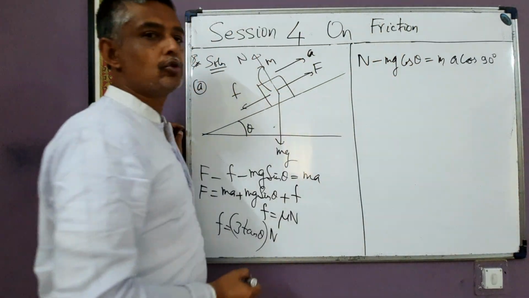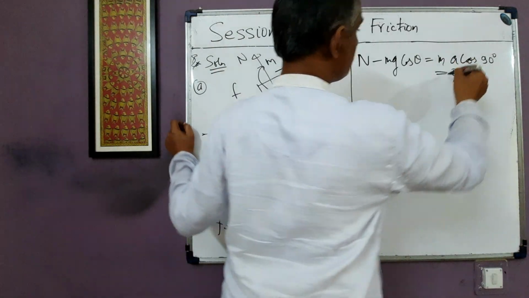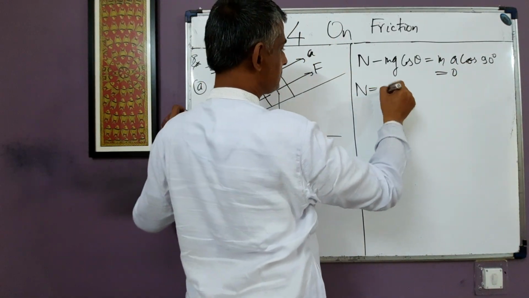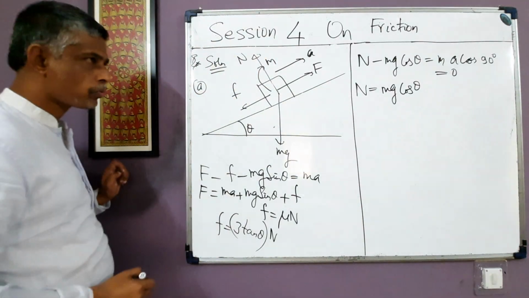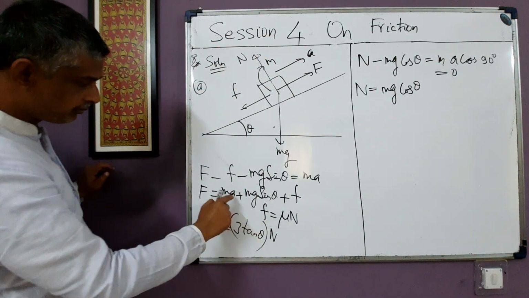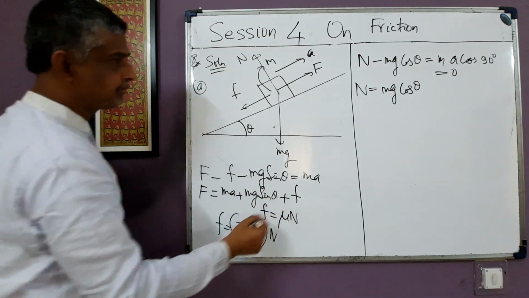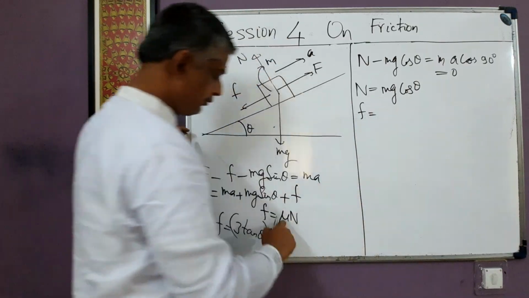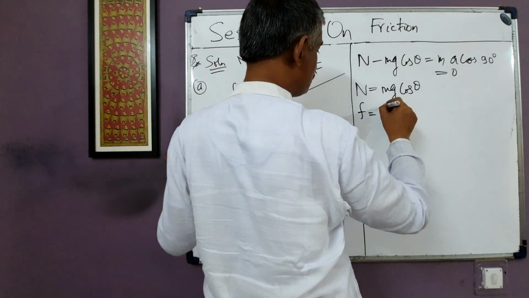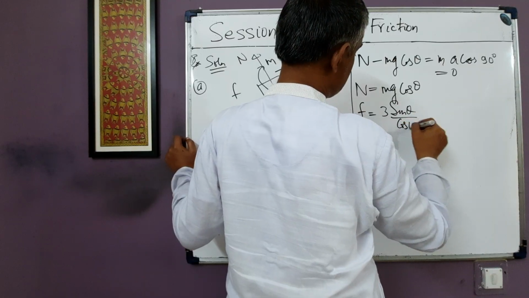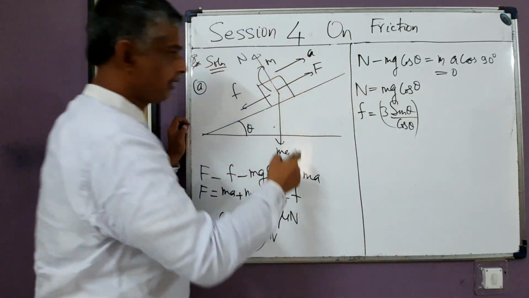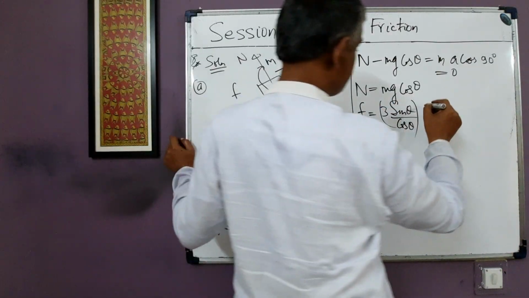Cos 90 degree is well known to be 0, so right side becomes 0. So N becomes mg cos theta. Okay, I substitute this N in this formula. So f becomes how much? Mu times N. Mu is how much? 3 tan theta, 3 sin theta by cos theta into N. N is simply mg cos theta.